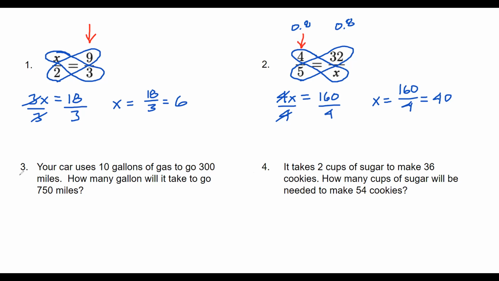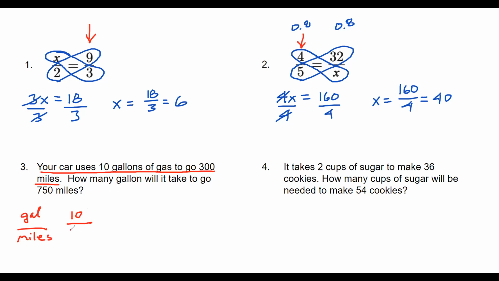We're looking for that kind of a ratio in the word problem. Your car uses 10 gallons of gas to go 300 miles. Gallons to miles. And I could have done miles to gallons. It doesn't matter.